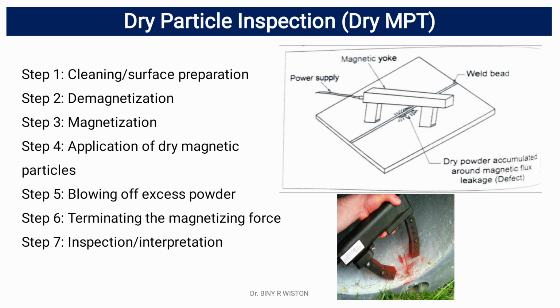The steps involved in dry particle magnetic particle inspection are cleaning the surface or surface preparation, demagnetization, magnetization, followed by application of dry magnetic material, then blowing off of excess powder, followed by terminating the magnetizing force and inspection or interpretation.